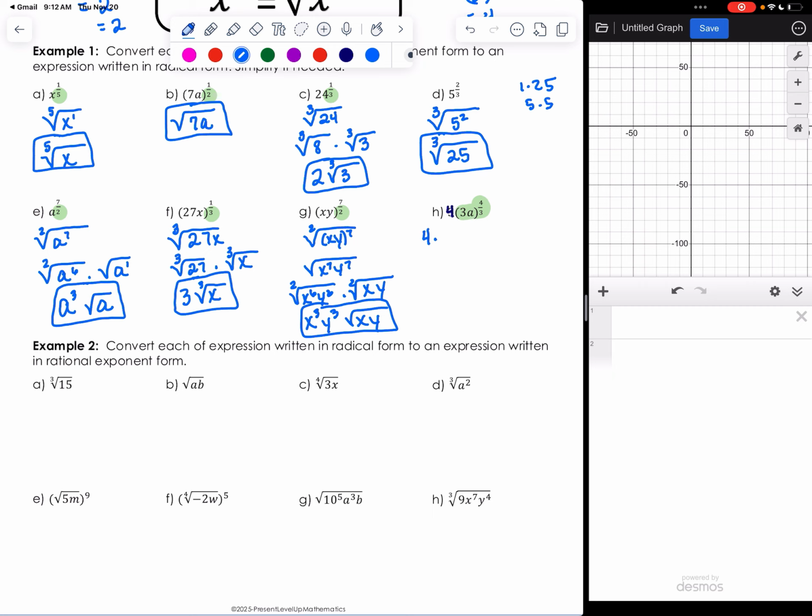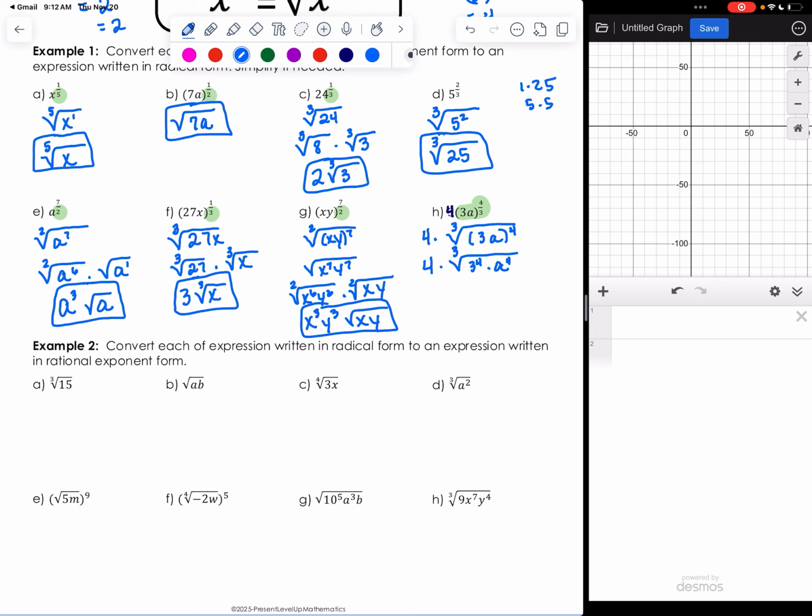So this would be 4 times the cube root of 3a to the 4th power. That would be the same thing as 4 times the cube root of 3 to the 4 times a to the 4.